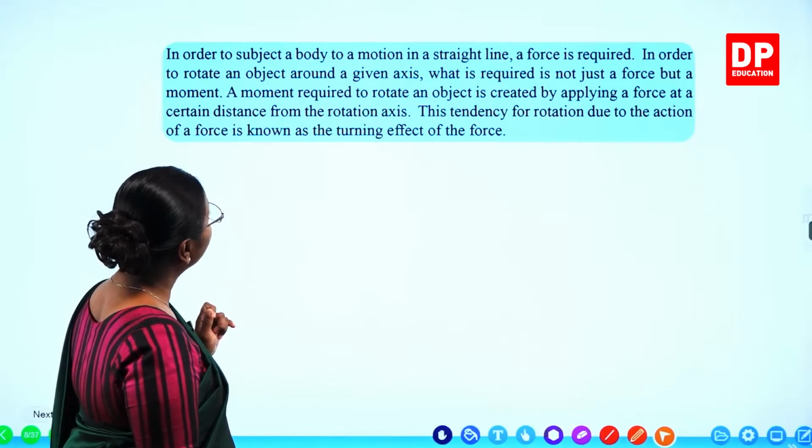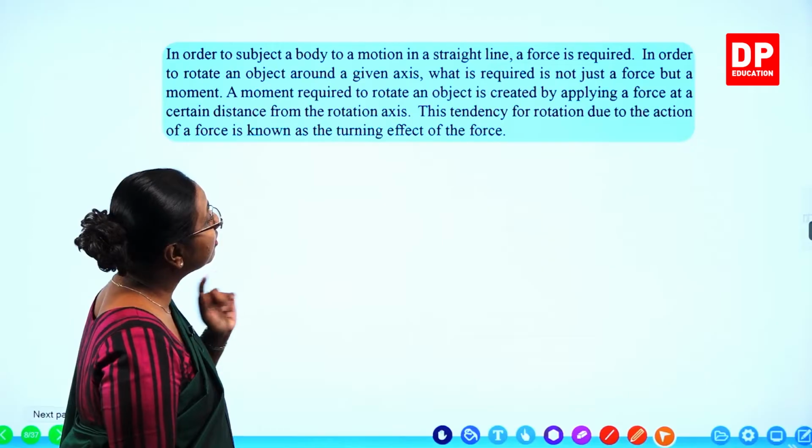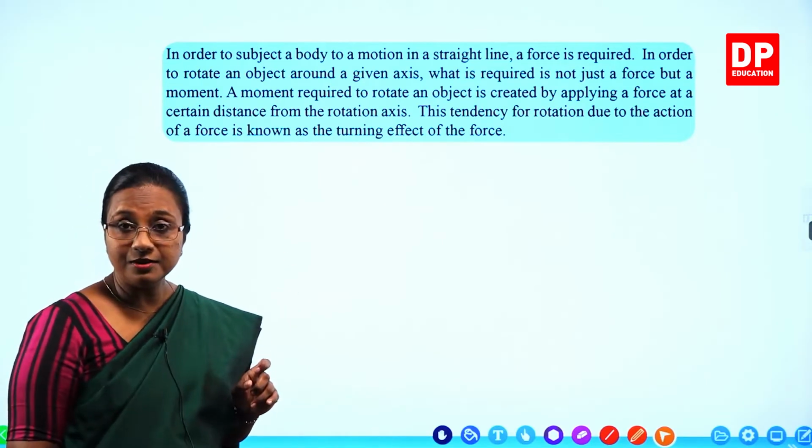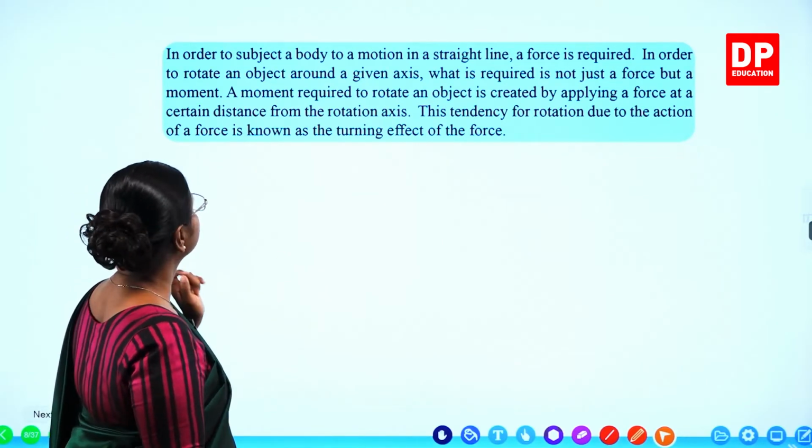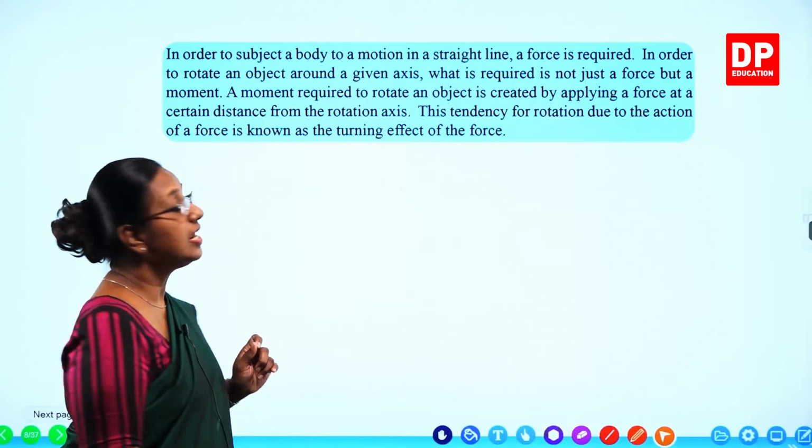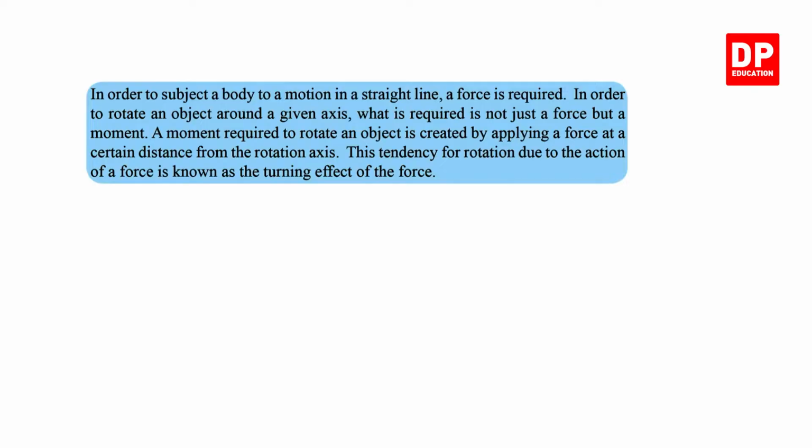A moment required to rotate an object is created by applying a force at a certain distance from the rotation axis. So here, students, we have an object like this, let's say a door or a window, and for this we need to have an axis of rotation.